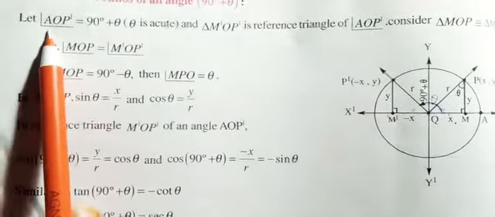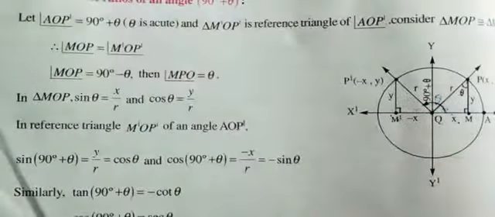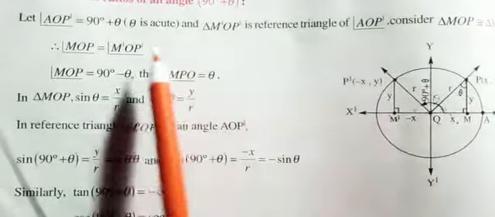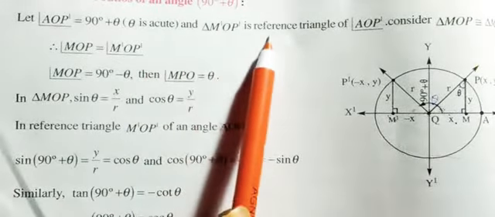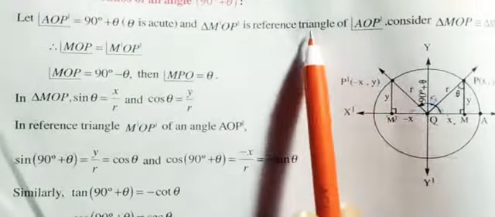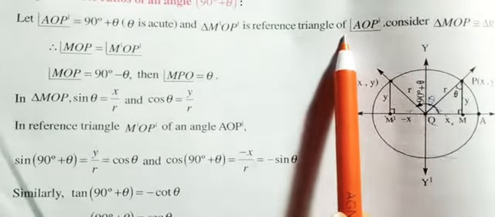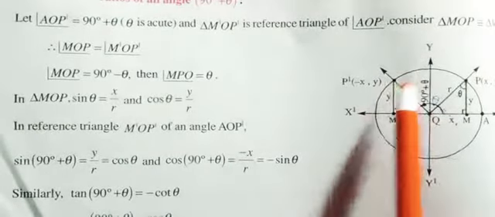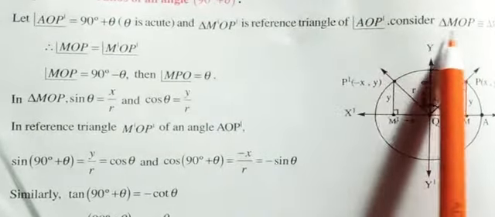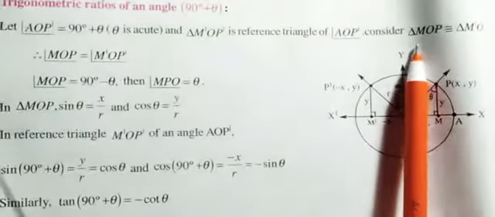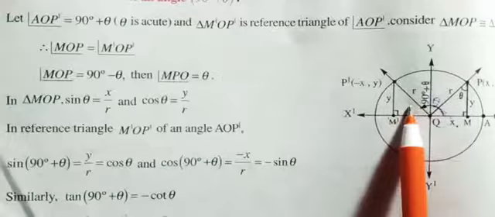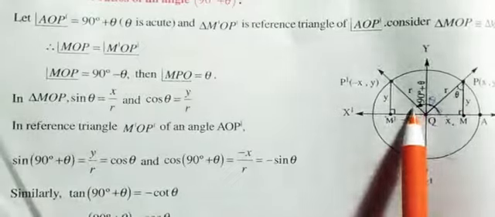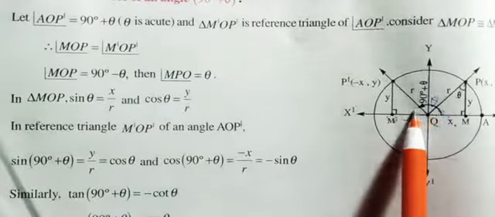Let angle AOP dash be 90 plus theta, and M dash OP dash is the reference triangle of angle AOP dash. So MOP is congruent to M dash OP dash, therefore this angle is also equal to this angle.